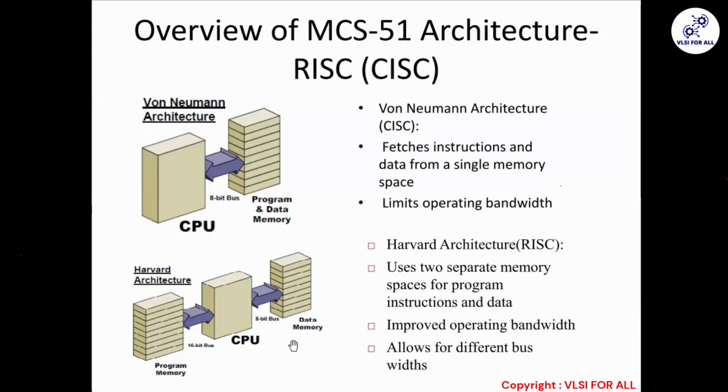Then one more important thing is this von Neumann architecture is generally called complex instruction set architecture, CISC architecture. Whereas this Harvard architecture is called RISC architecture, that is reduced instruction set architecture. So CISC architecture is the von Neumann architecture with limited bandwidth. RISC architecture is Harvard architecture with improved bandwidth.